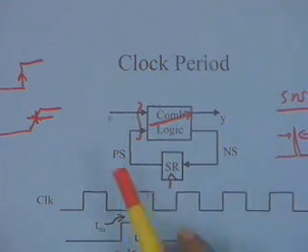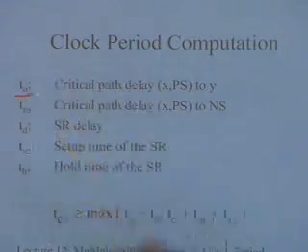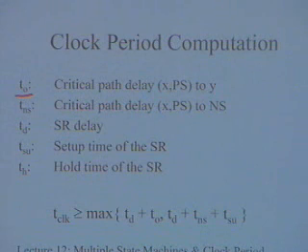That I am specifying as TO. The maximum delay from any of the inputs to output. So if you consider all the possible paths and find the path which is the maximum length path, that is TO.